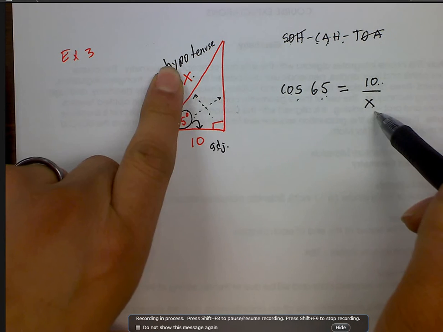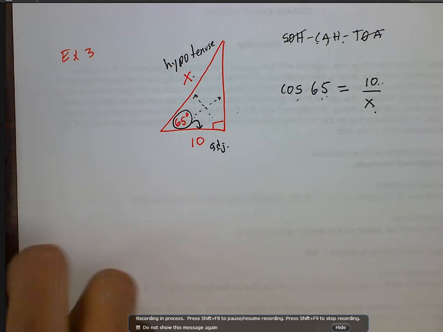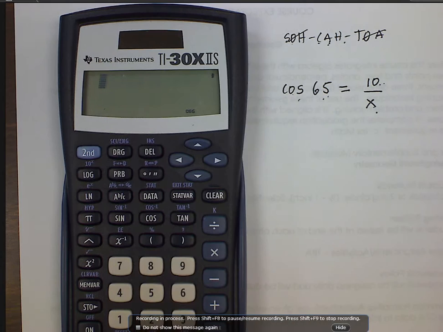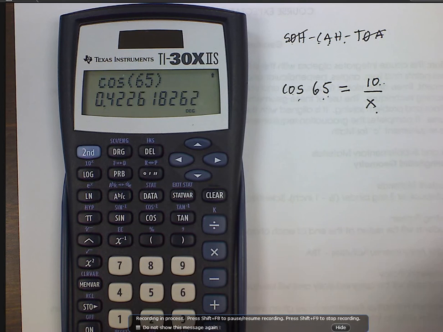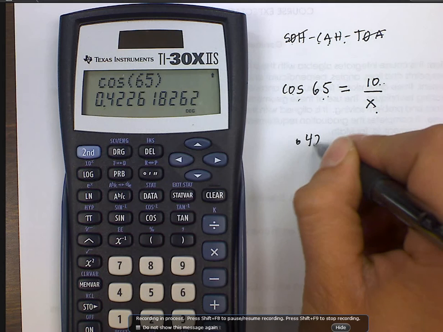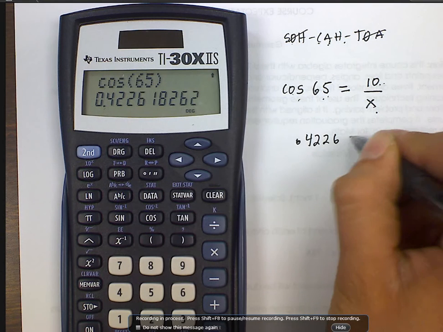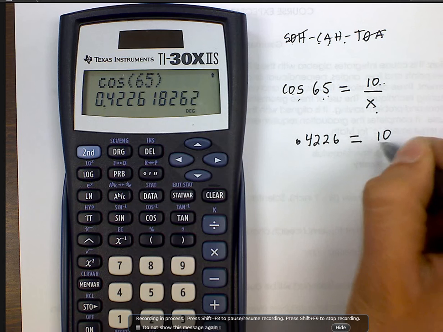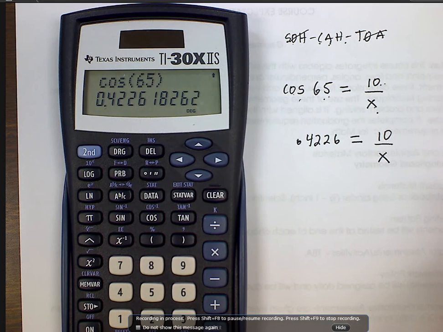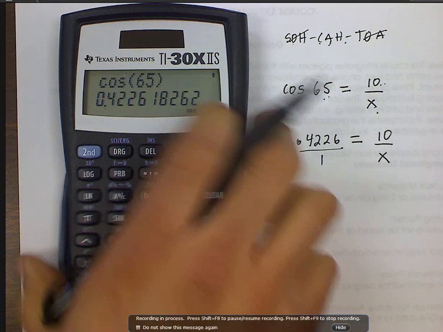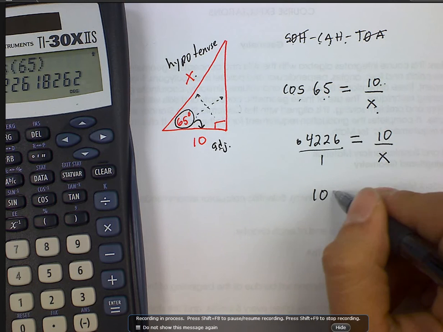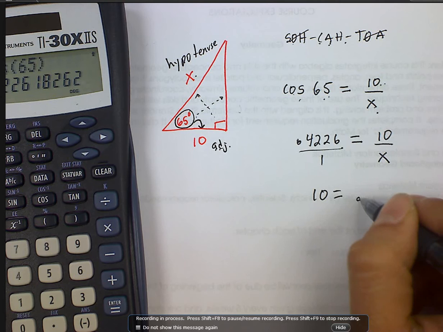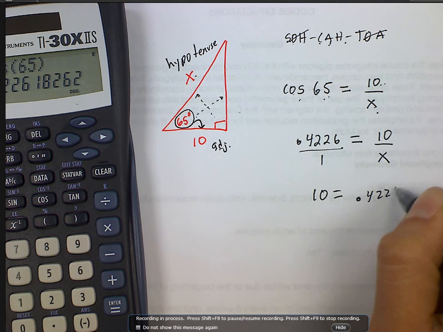Okay, so then now we're going to use the calculator again, and you have cosine of 65. You press enter, and then you get 0.4226, and that is equal to 10 over x. Again, we're going to make it over 1 so we can have a proportion. So we do 1 times 10, that gives you 10, and then we have 0.4226 times x.